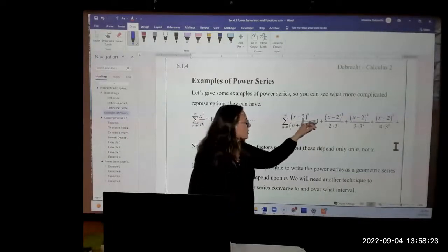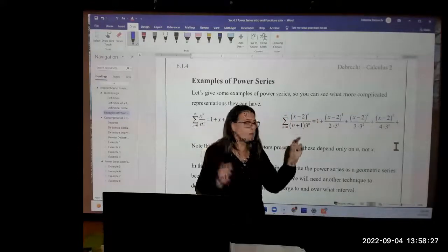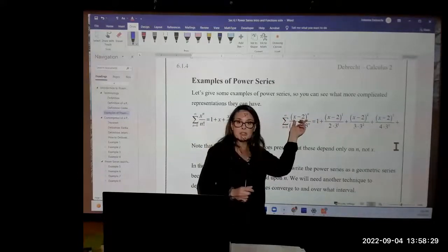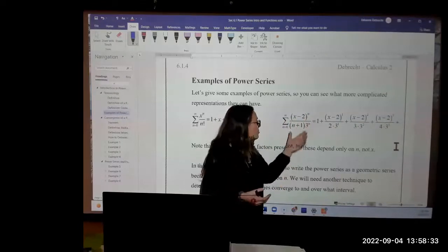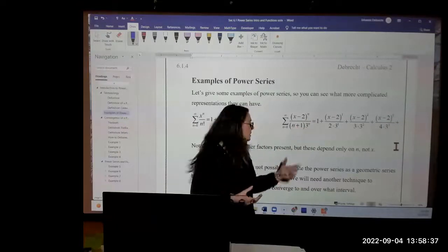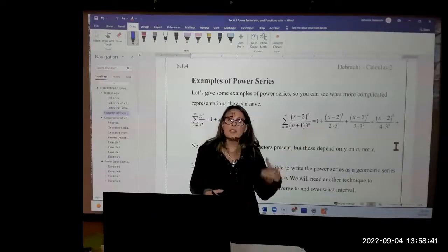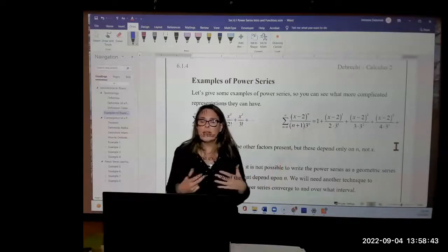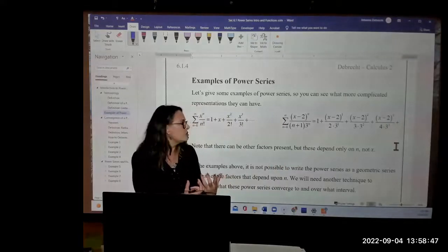Now, this one over here is centered at 2 because the base of the exponential-like factor is x minus 2 quantity to the n. So it's centered at 2. But we do also have two other factors which depend upon n. We have the factor n plus 1, and we have the factor 3 to the nth power. Now, again, these can't be pulled in as part of that common ratio.